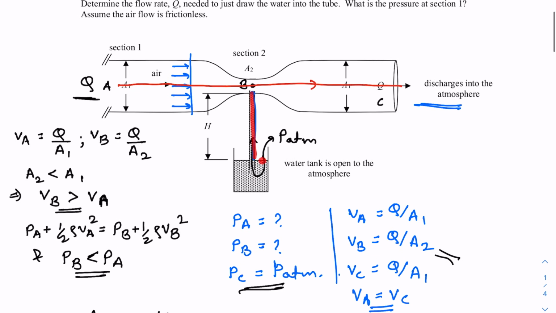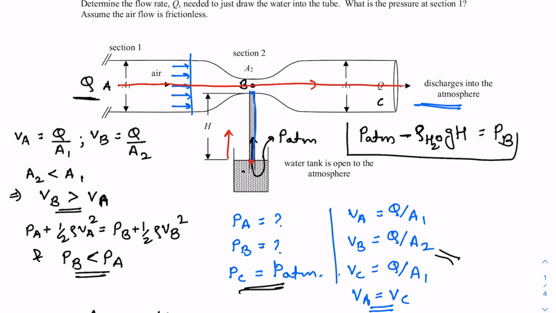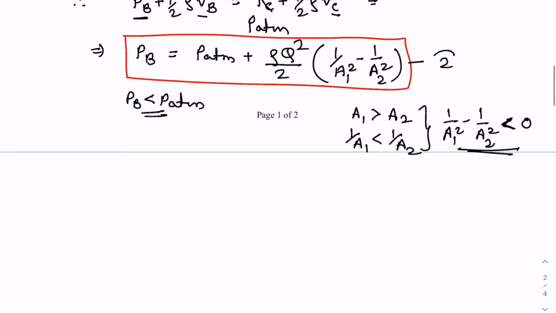I will basically start from this point and go up till point B. Simple hydrostatic pressure tells me that P atmosphere, which is the pressure here, minus, since I'm going up, rho H2O, because this is water, I'll use the water density, GH is basically pressure at B. So this is one equation for pressure at B. This is the other equation for pressure at B. And if we equate them, we will find out the unknown Q.